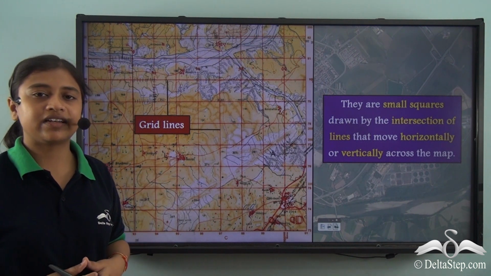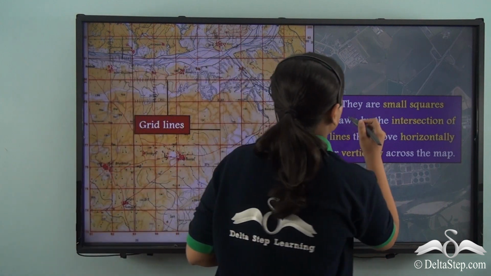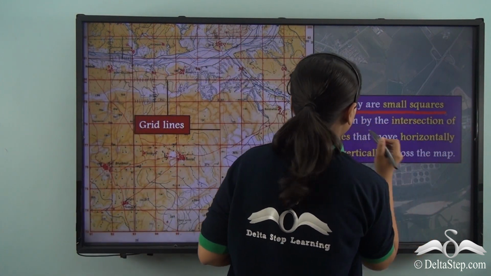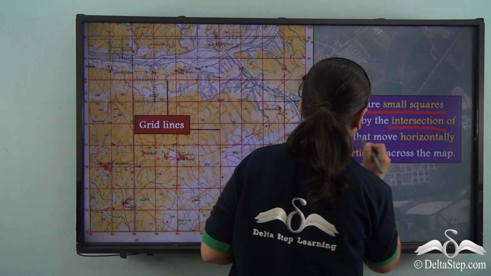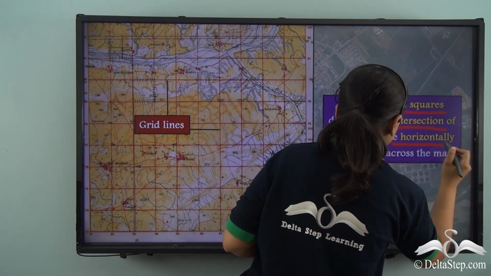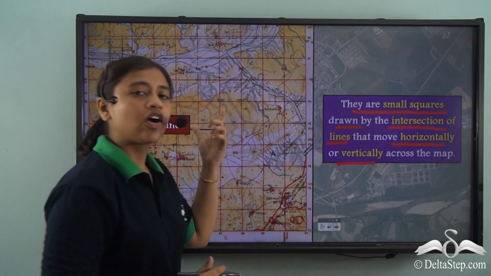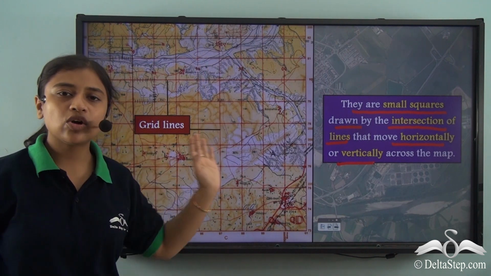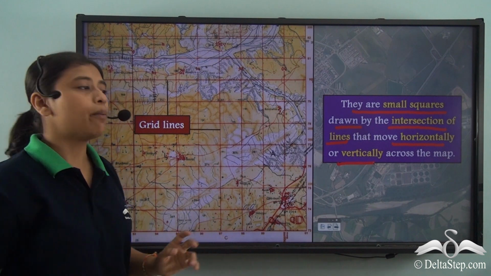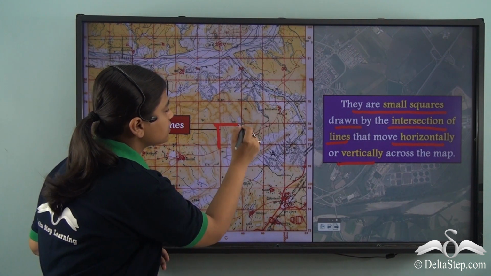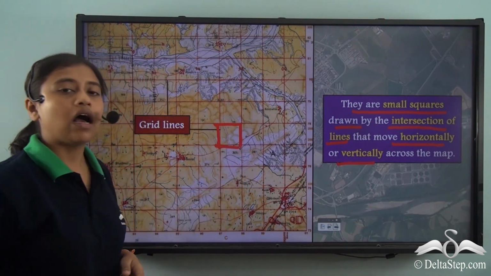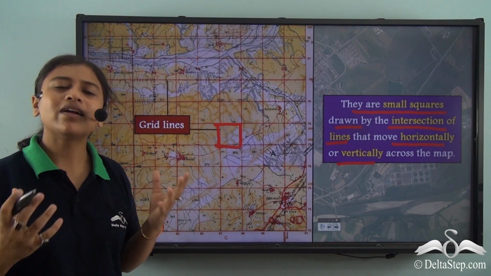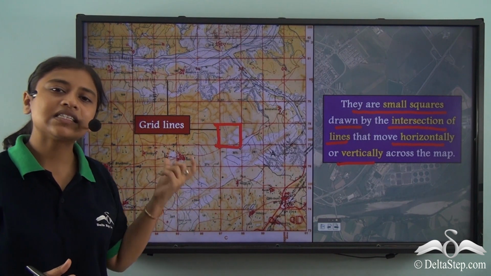To define grid lines, we could say that they are small squares drawn by the intersection of lines that move horizontally and vertically across the map. All these red lines forming small squares are called grid lines. What exactly is the significance of these grid lines?